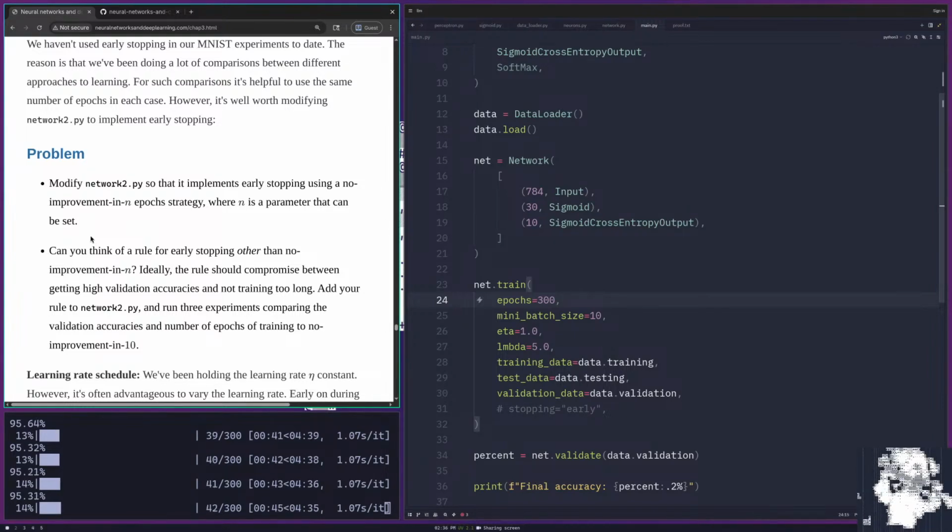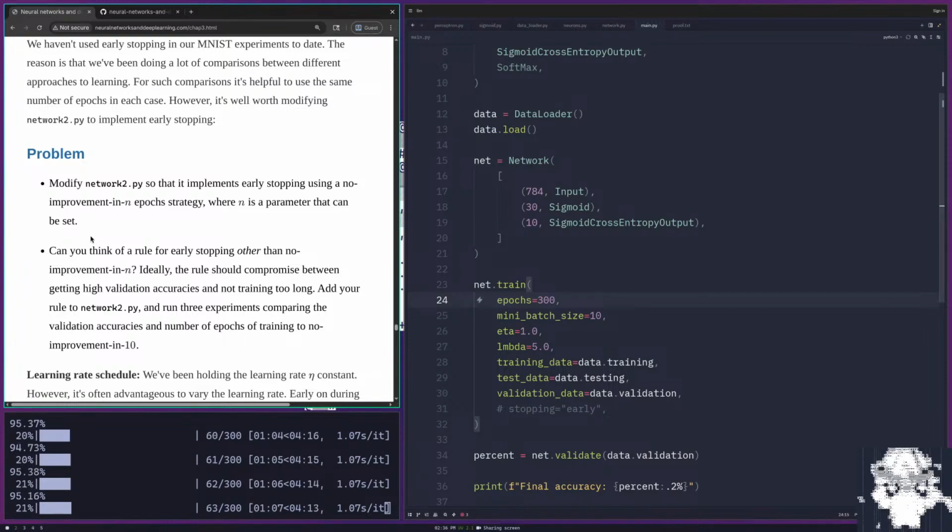You could do something like check if your cost is still going down, for example.